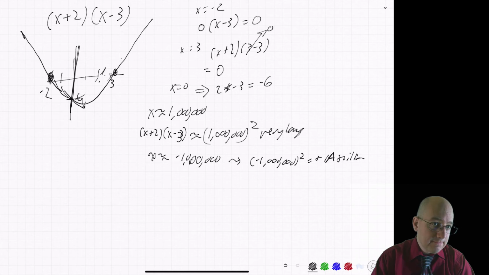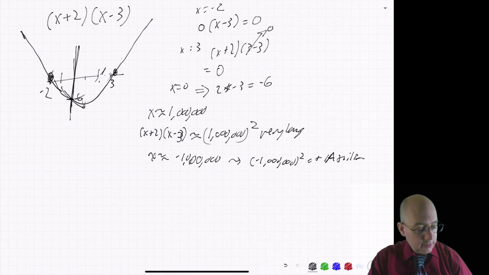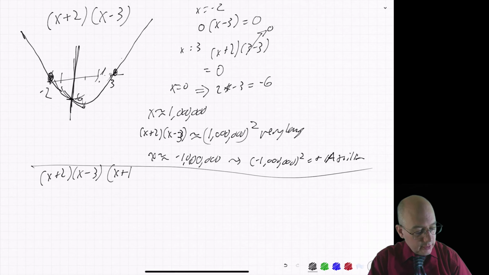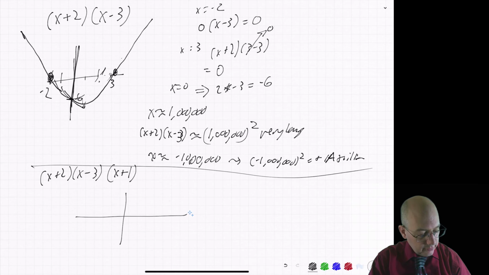Now, what happens if I just add another factor? So x plus 2, x minus 3, x plus 1. Well, now I've got minus 2, minus 1. Still have my 3 over here.